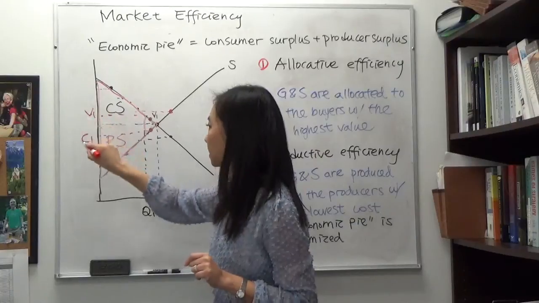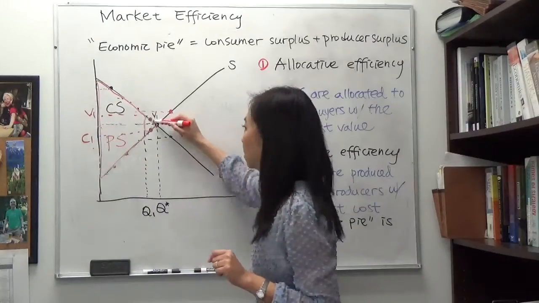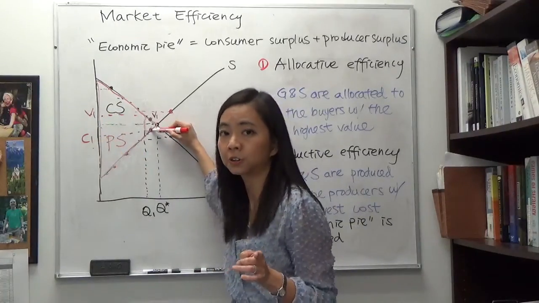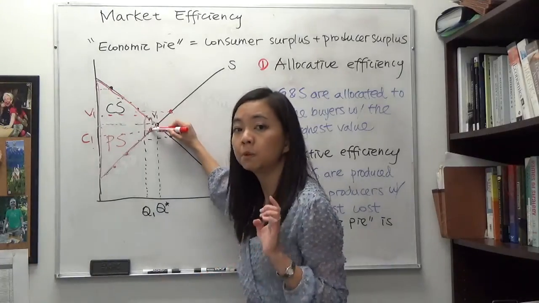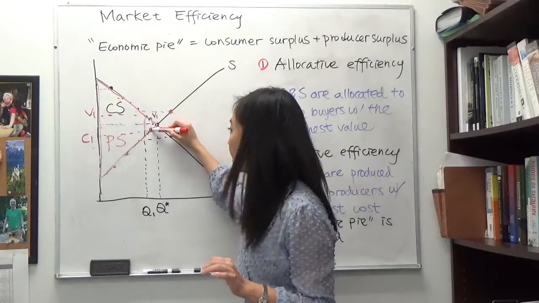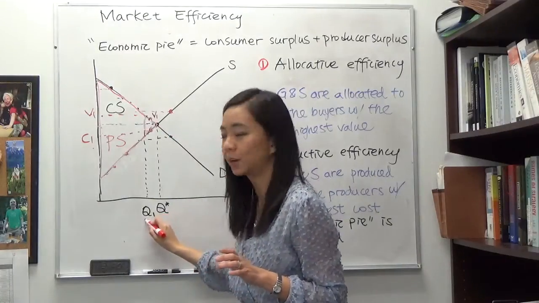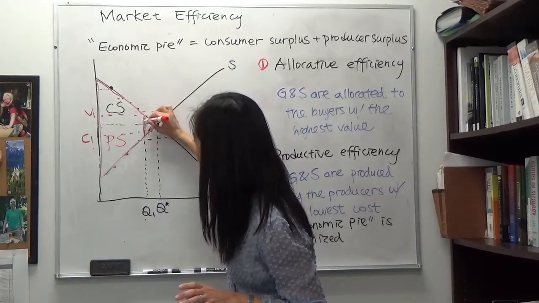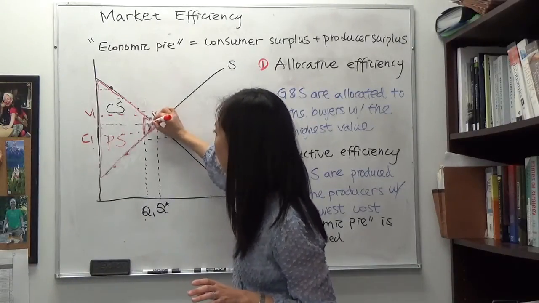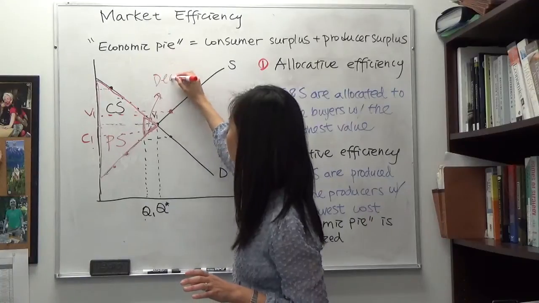So V1 is higher than C1, meaning the buyer's value is higher than the seller's cost. So any price between these two will be a mutually beneficial trade. And unfortunately, because you're producing Q1, this trade is lost, and that trade, so you can see that there is efficiency lost.